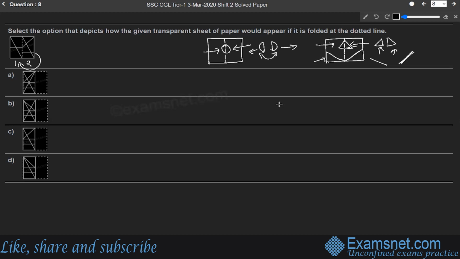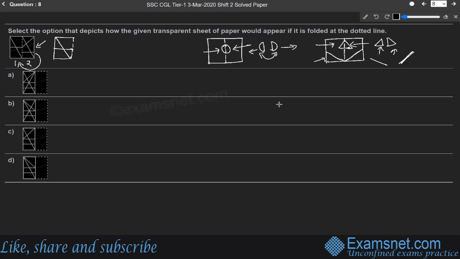Now let us come to the solution of this question. First, let us make the left part. So consider it as the left part. In the left part, we have a line segment in this form and we have a line segment in this form. Now let us look at the right hand side of this part. We have to fold it in this particular direction.